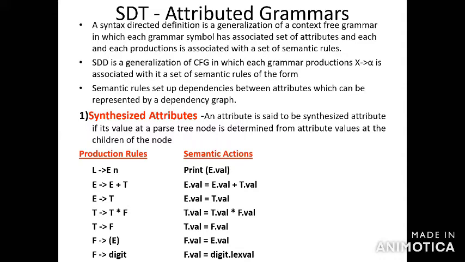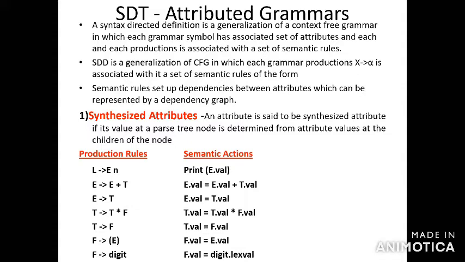After that, in 3 address code, for the intermediate representation, you can use 3 types: quadruple, triple, and indirect triples.